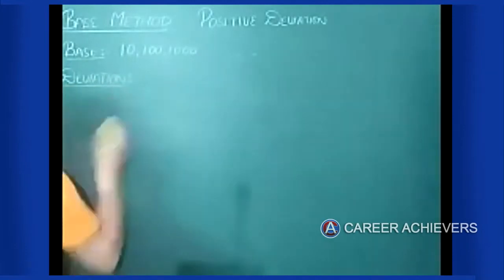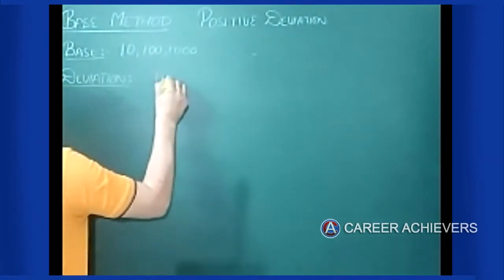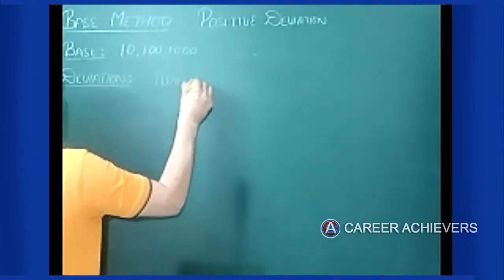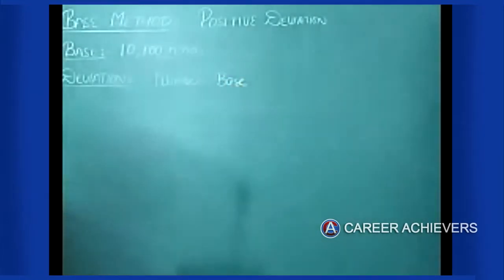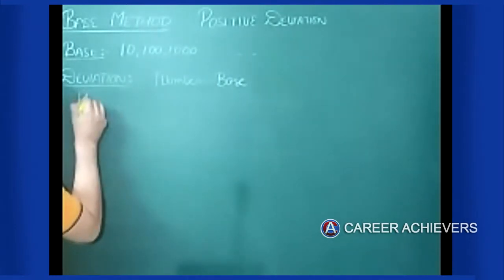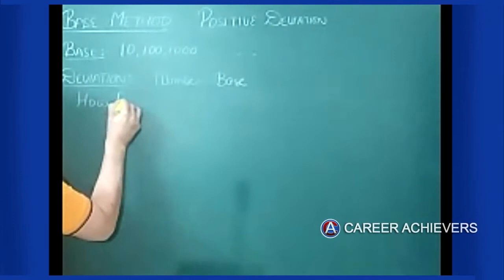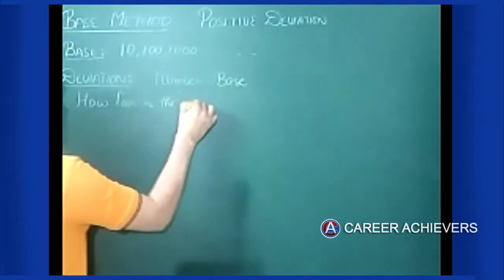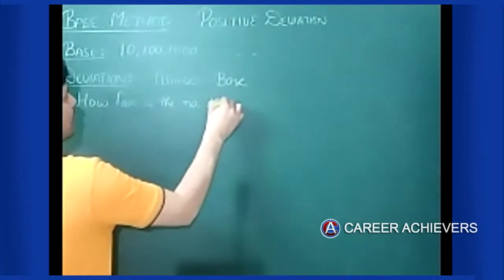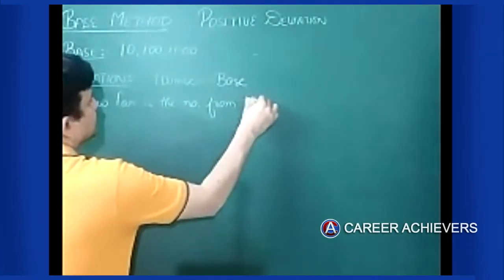What is deviation? It's the given number minus base. This tells us how far the number is from the base.